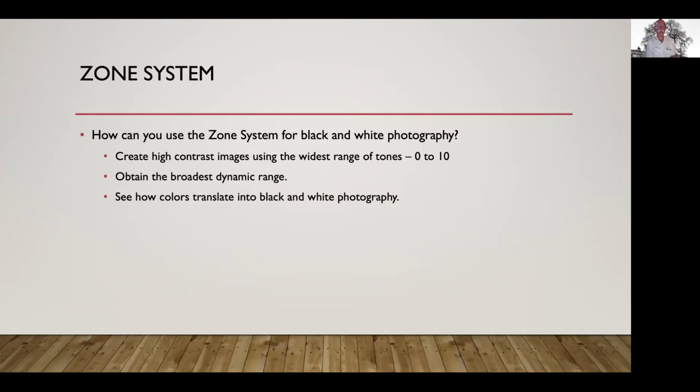And also, we want to be able to see how colors translate into black and white photography. This latter part is probably the most difficult. I find it challenging to look at an image and understand how it's going to be black and white. That's one of the reasons why we also take other efforts in this presentation to give us an idea of where color can translate well into black and white.